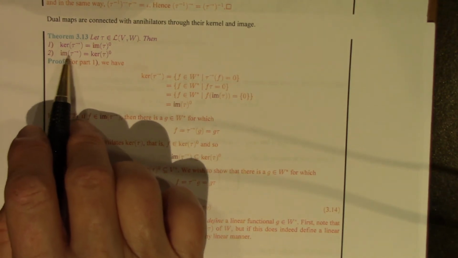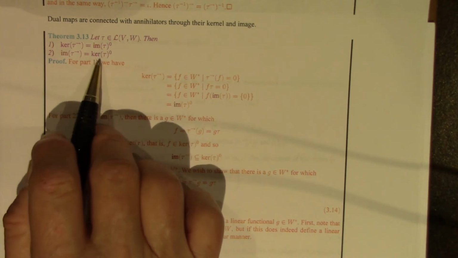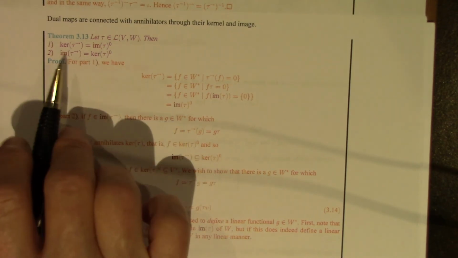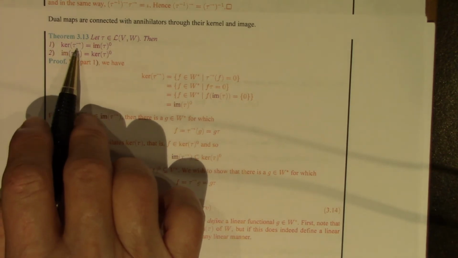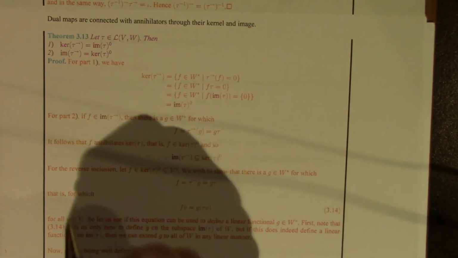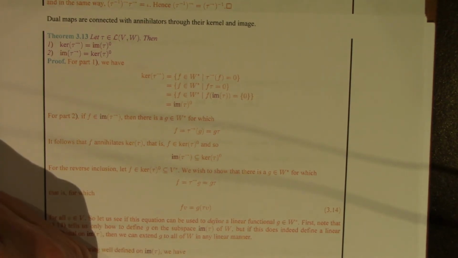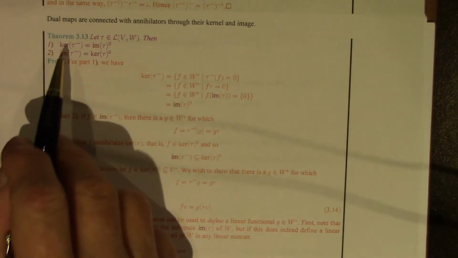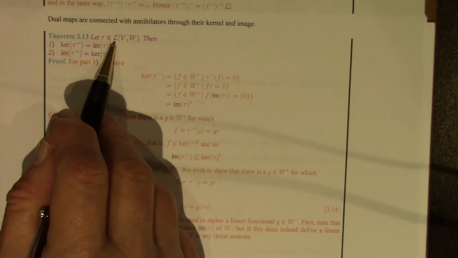And the image of the dual map is the annihilator of the kernel of the map. So if you want kernel or image of the dual map, switch from kernel to image or image to kernel and take the annihilator. Perhaps that's the best way to try to remember these formulas. Swap kernel for image, swap image for kernel, then take the annihilator.